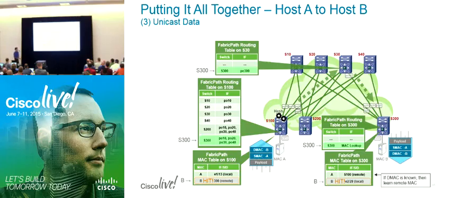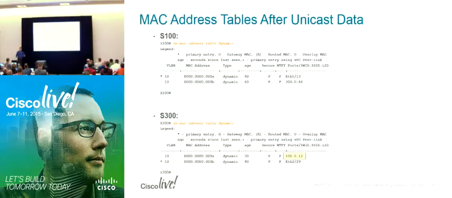So now we have the complete picture. We have A, B, and we have A, B. After both hosts did the ARP request, reply, and communication, we now have a fully featured conversation between two hosts. This is when you will have both MACs on switch 100 and switch 300.